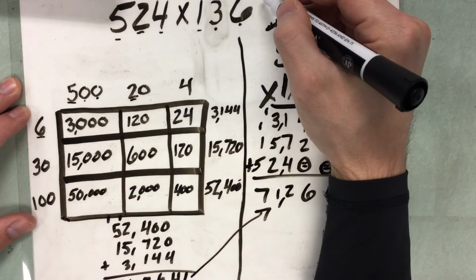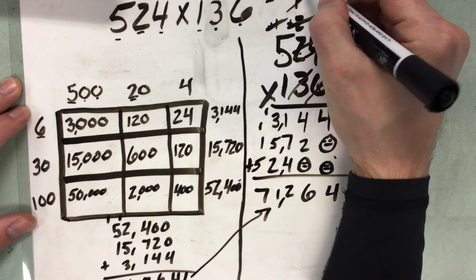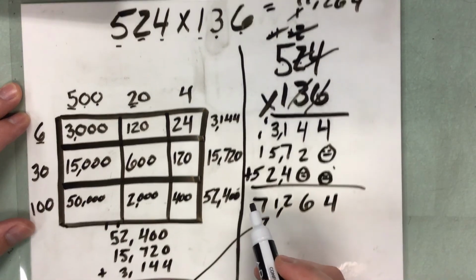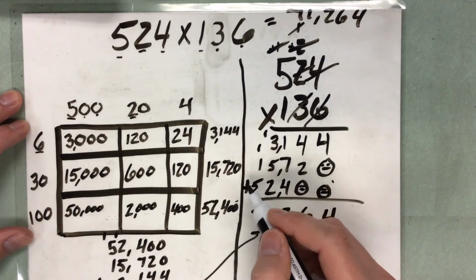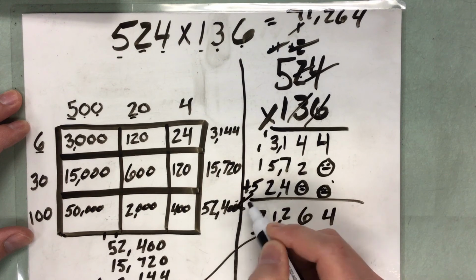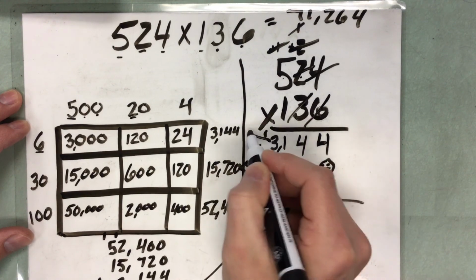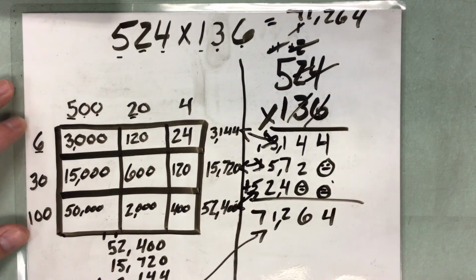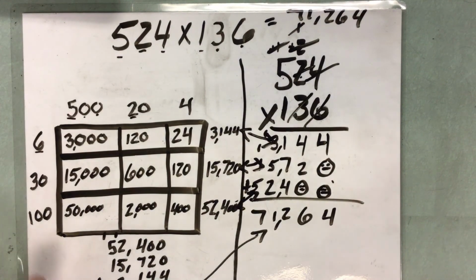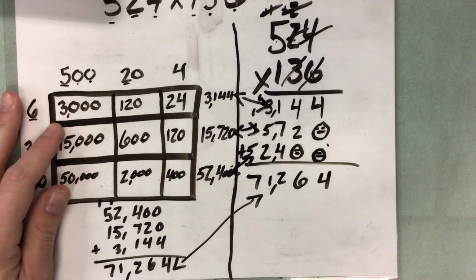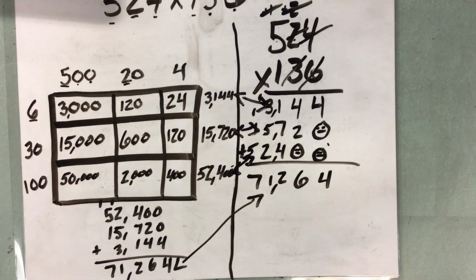So our answer would be 71,264. What do you notice about these partial products? They match up. So that partial product is there, that partial product is there, and that partial product is there. So using the area model or the standard algorithm, you would come up with the same answer, 71,264.